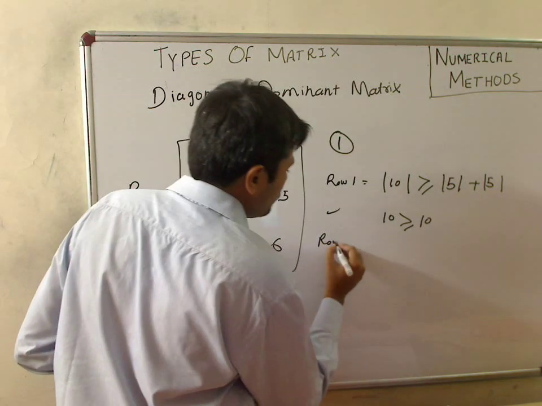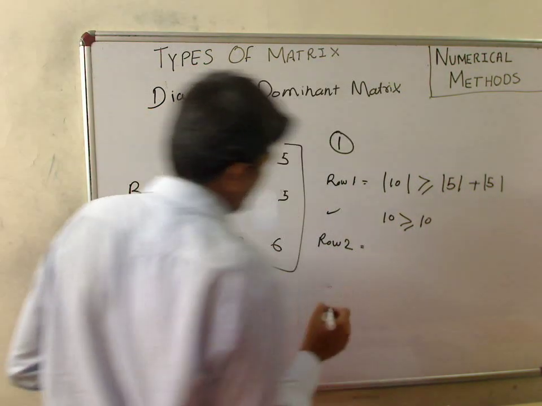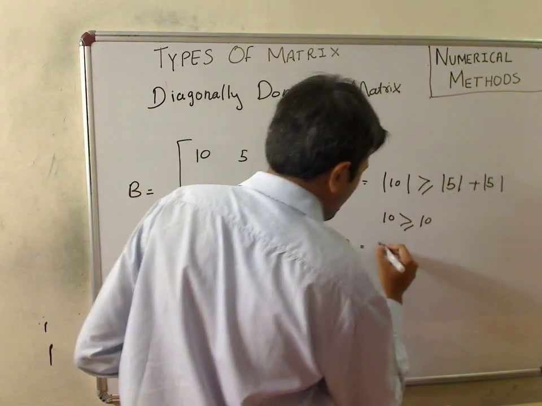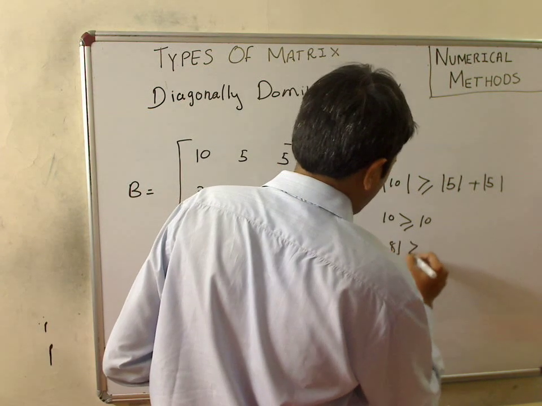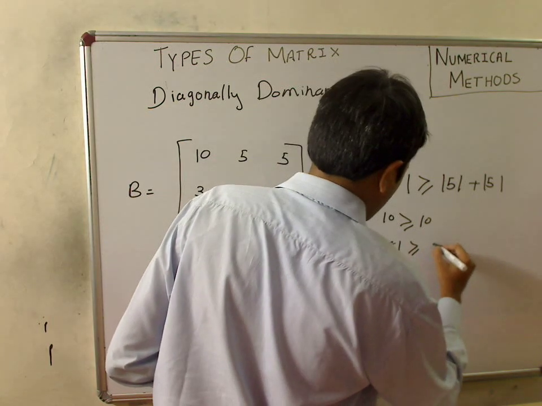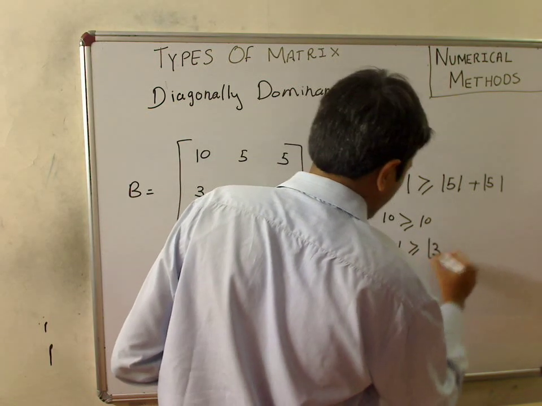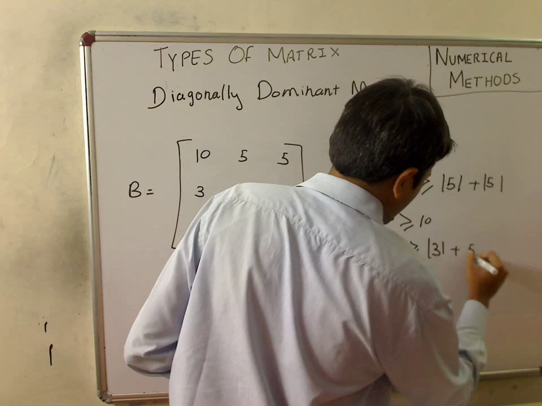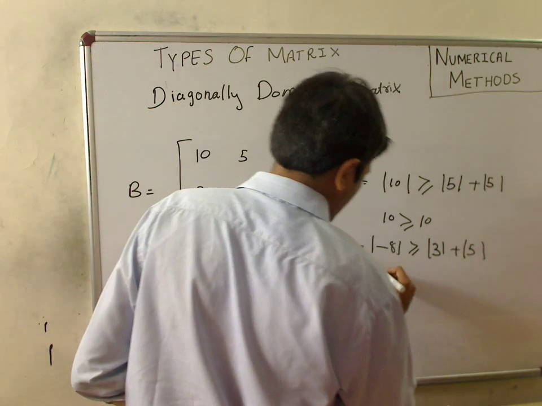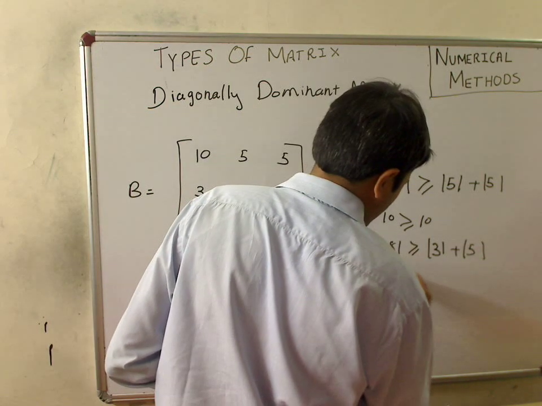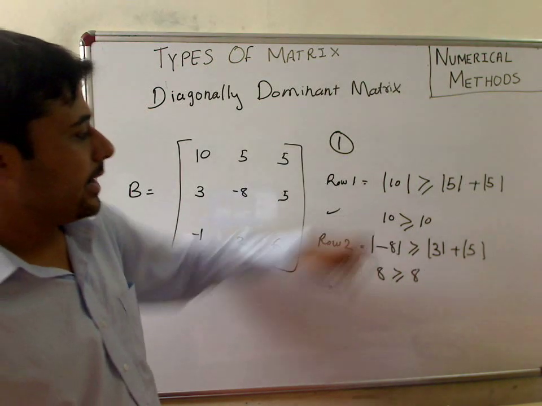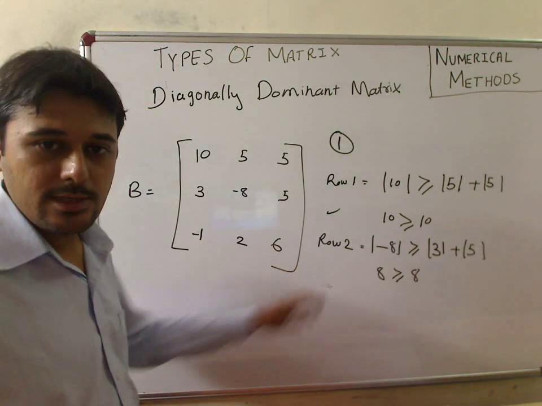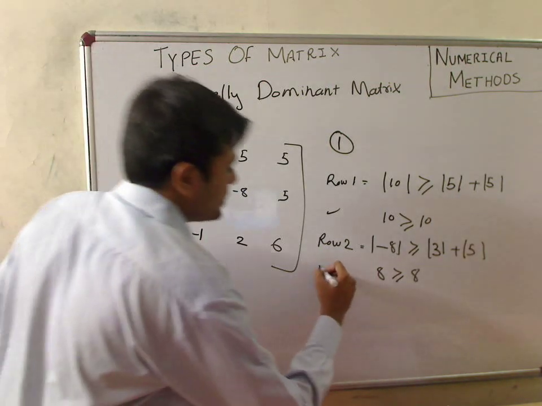Again, for row 2, mod of minus 8 should be greater than or equal to mod of 2 plus mod of 6, so 8 is greater than or equal to 8. So here again 8 is equal to 8, so this condition is satisfied for row 2.